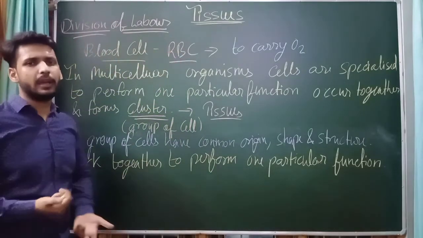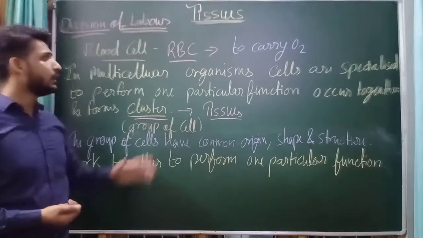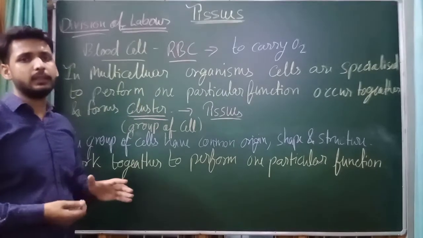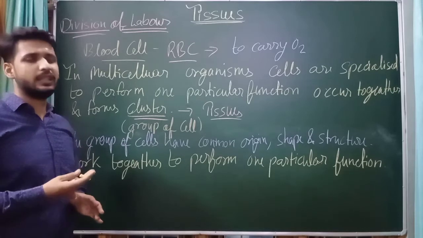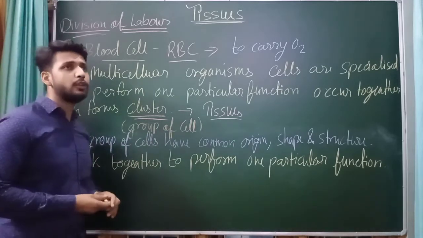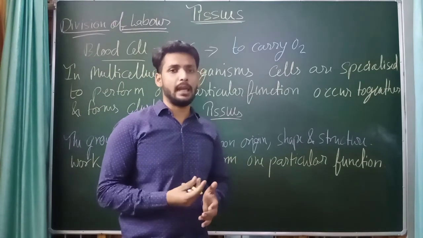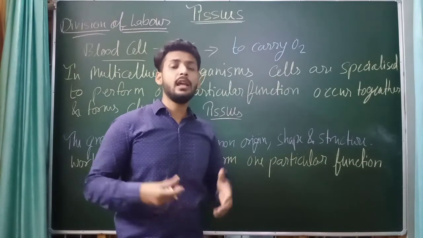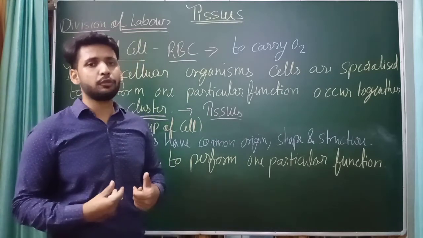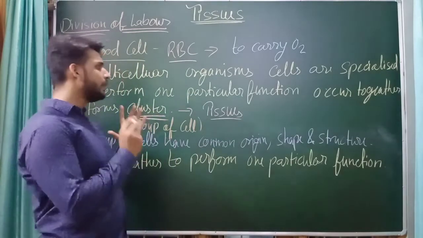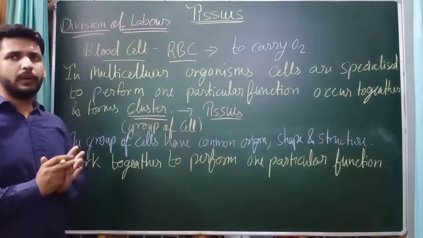Like RBCs, we have taken the example of RBCs. The function of RBC cells is to supply oxygen. In the same way, we can talk about osteocytes, the bone cells. What is the function of bone cells? To provide the framework to the body. So they have one particular function.